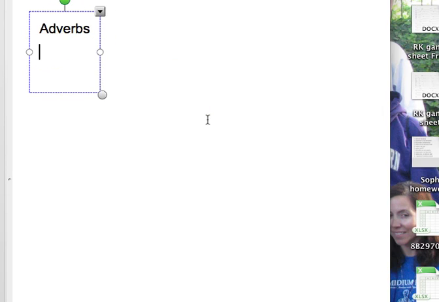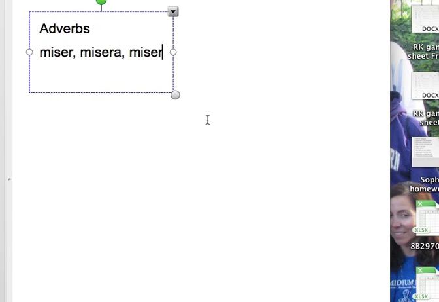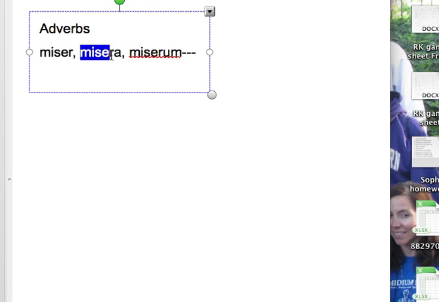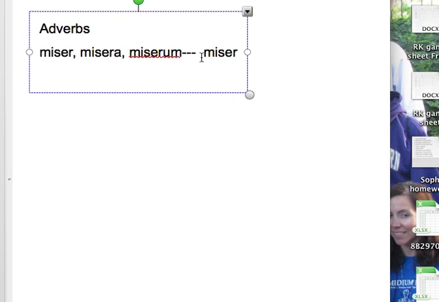All right, in the past, you were introduced to the concept that first and second declension adjectives, that is adjectives that follow first and second declension patterns, can become adverbs. The way they do that is you find the stem, essentially, right here, miser, and then you add, does anybody know what letter?